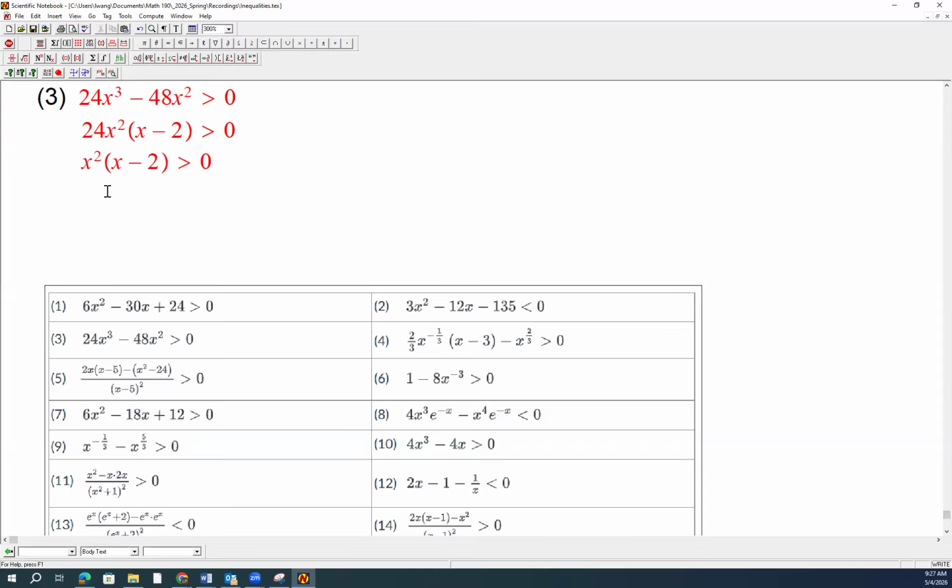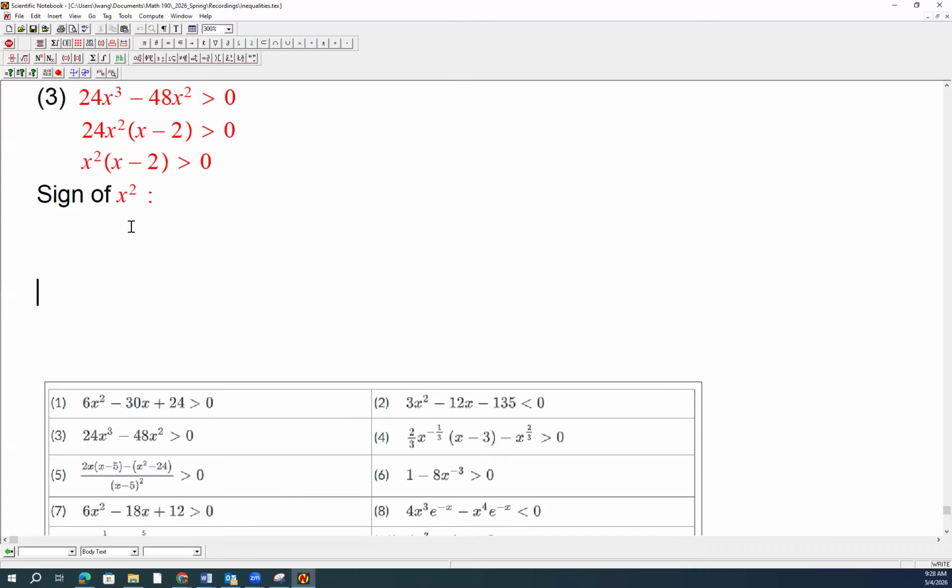So when you look at the sign of x squared, what do you get? You got your number line.